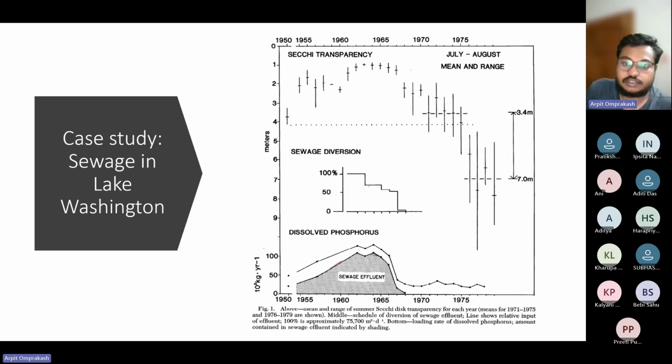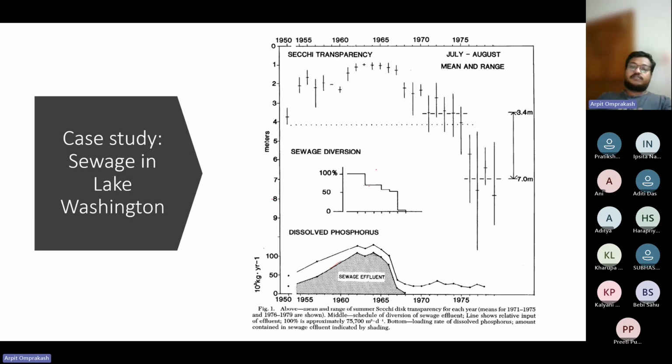Next, the sewage had a lot of nutrients in the form of phosphorus, nitrogen, and so on. And after we stopped adding the sewage, the excess phosphorus that was still dissolved in the water was used up by organisms and eventually stabilized to its normal number.